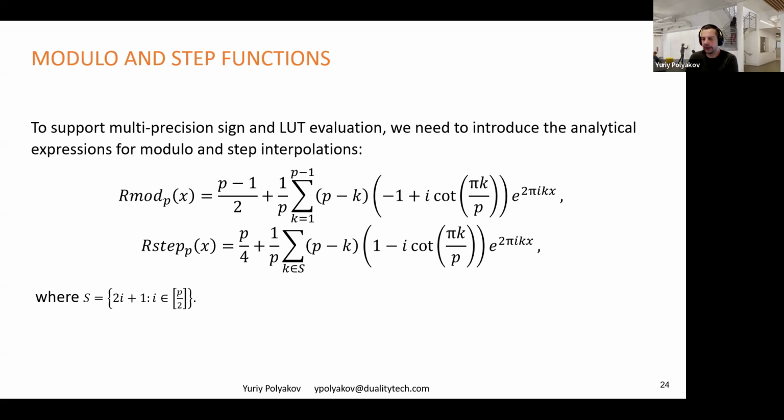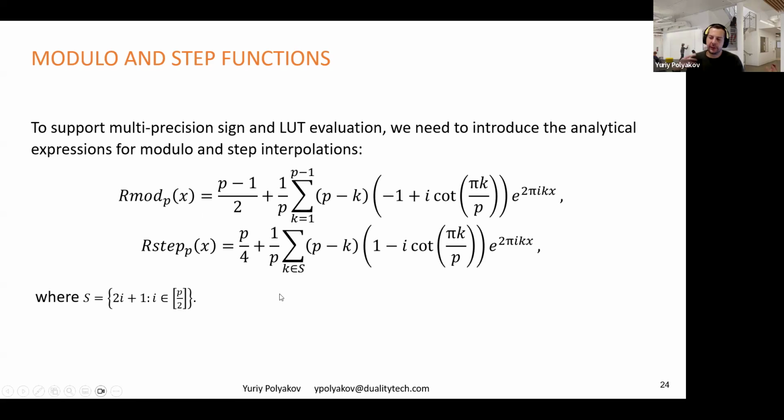Of course, there are quite a few changes, but the blueprint is going to be very similar. So first, we need some auxiliary functions to develop this multi-precision toolset, and 2 such functions are modular reduction, and we have a very nice analytical expression for this function that we also include in the paper. And then the other is the step functions.